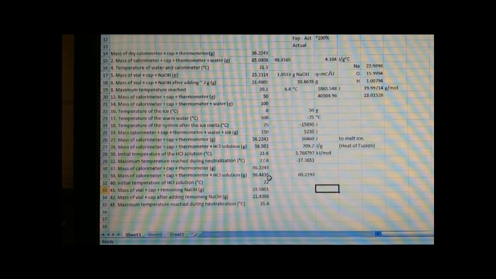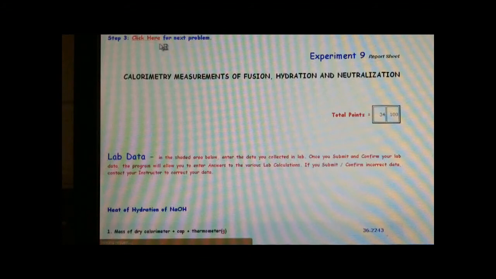Okay, I see now that I've calculated the wrong difference. It's actually the difference between these two. So we have 98 minus 36, 62.2787. There we go. All right.